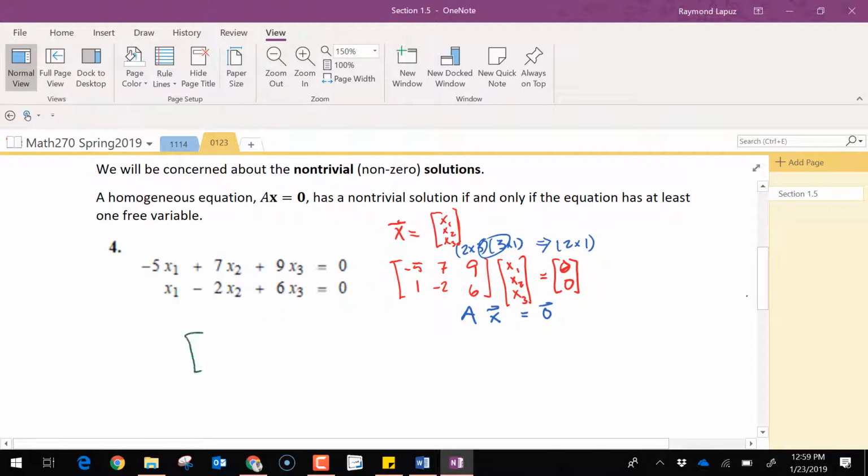So we'll write this matrix in augmented form. We've got 5, 7, 9, 0, 1, minus 2, 6, 0. And then we'll see if we can do some elementary row operations.